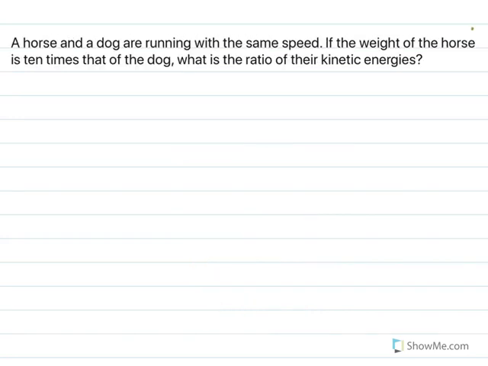A horse and a dog are running with the same speed. So this is the horse with a speed of v, and then we have a dog also with the same speed. If the weight of the horse is 10 times that of the dog, so we'll say the mass of the dog is m, and of the horse is 10 times, so it is 10m. Find the ratio of the kinetic energy.